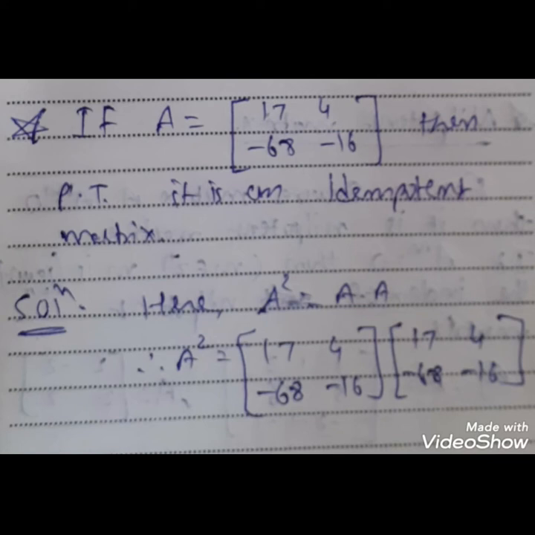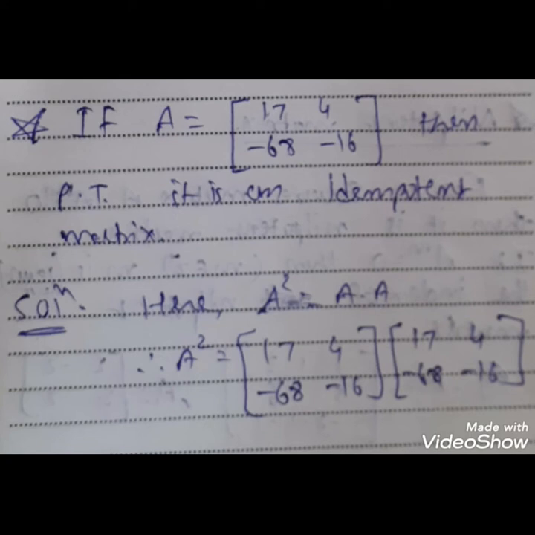Now we multiply first row with second column, so 17 into 4 is 68 and 4 into minus 16, that is minus 64, so 68 minus 64 means 4 is the second element of the first row, means 17 and 4 are the elements of the first row. Now we multiply second row with first column, then minus 68 into 17, means minus 1156 and minus 16 into 68, so minus 1088 and we get minus 68 is the first element of the second row.